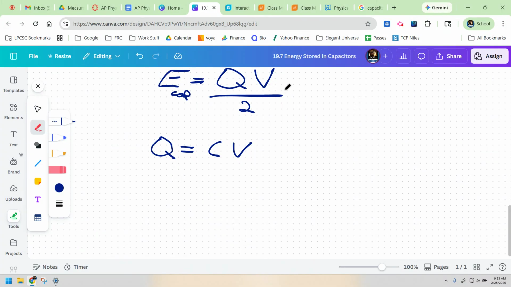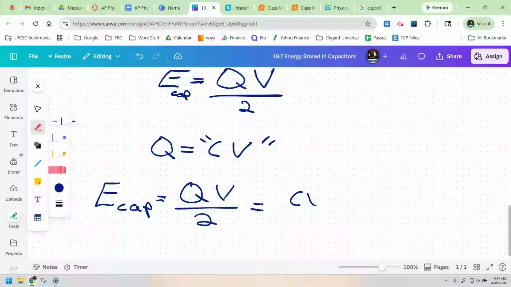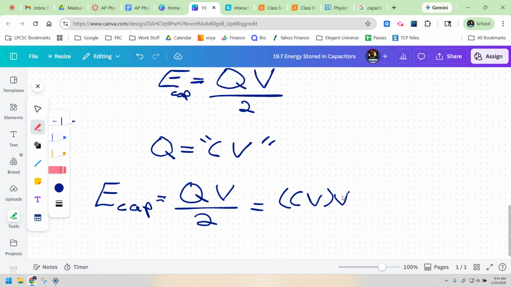So if I take the same equation up here, in other words, if I start with this equation, the energy stored on a capacitor is equal to capital QV divided by 2, and then I replace Q with CV, I get CV times V over 2, which is actually CV squared over 2, right?